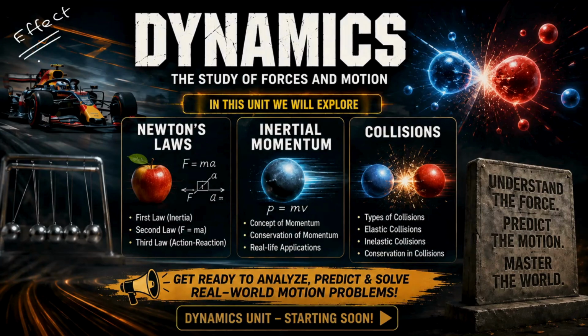We didn't bother about the cause in kinematics. But in dynamics, we are going to investigate the cause behind it: why the velocity is changing, why acceleration is going on, why deceleration happens.